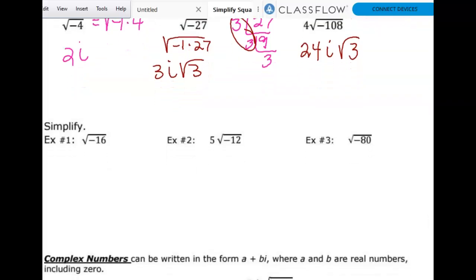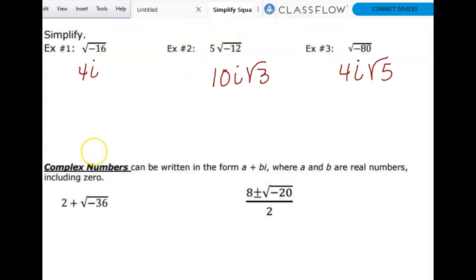Okay, so the square root of 16, what is the square root of 16? 4, and then I have the times negative 1, so I get 4i. This is called a complex number, and it's complex because it combines a real number and an imaginary number.